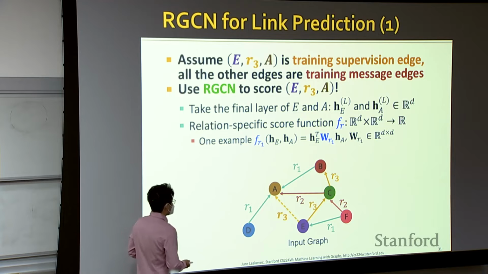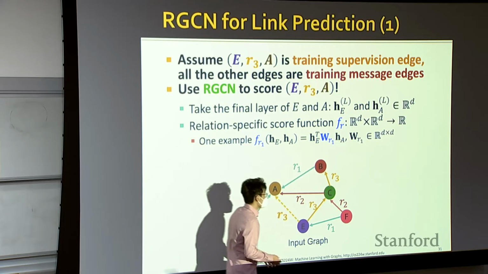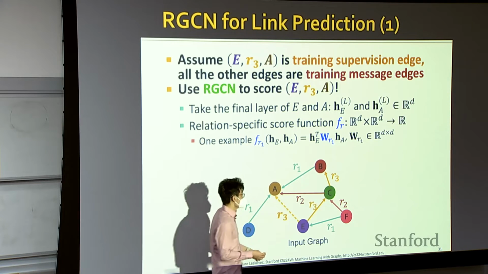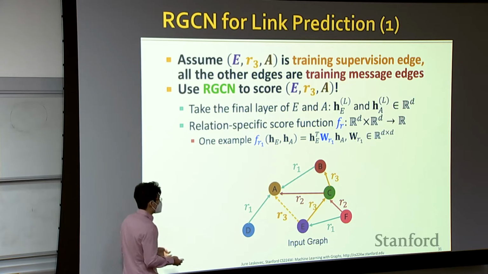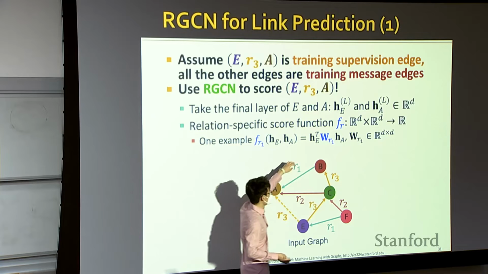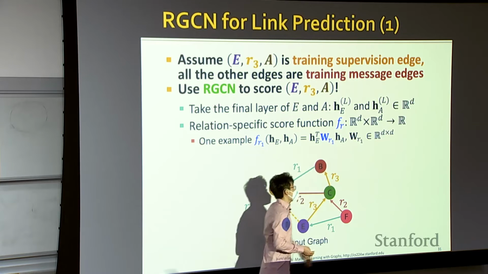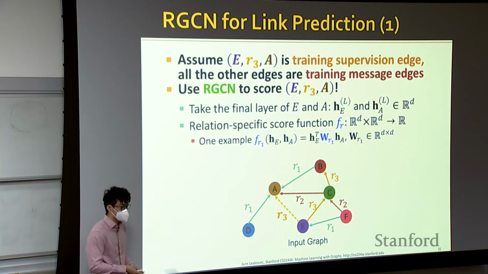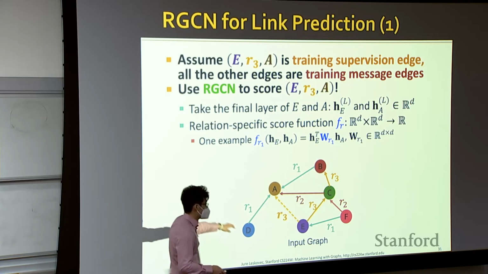So what we will do is get the embedding for node E and node A, and then use a bilinear transformation to get the score for this particular missing edge. So we want to multiply this vector h_E with the trainable weight matrix and then with another vector h_A to get the prediction for this missing edge. So this is one way to construct the link prediction head for this heterogeneous graph.